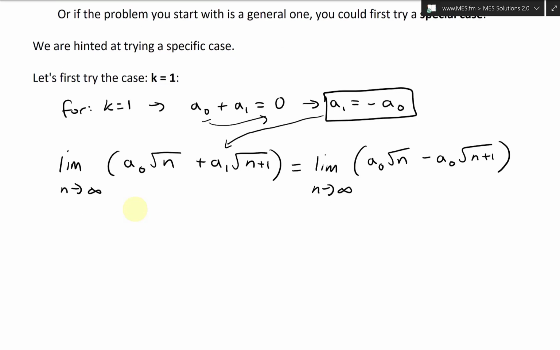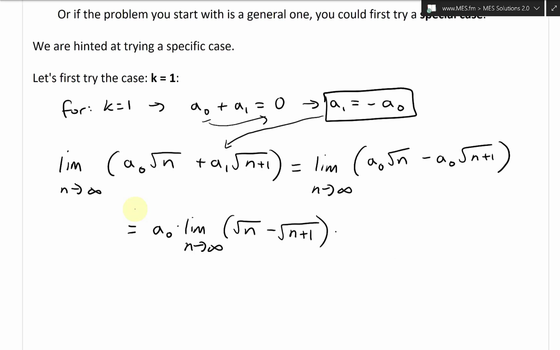Now that we have that, we're going to factor out the a0, so this equals a0 times the limit as n approaches infinity of, in brackets, square root n minus square root n plus 1.